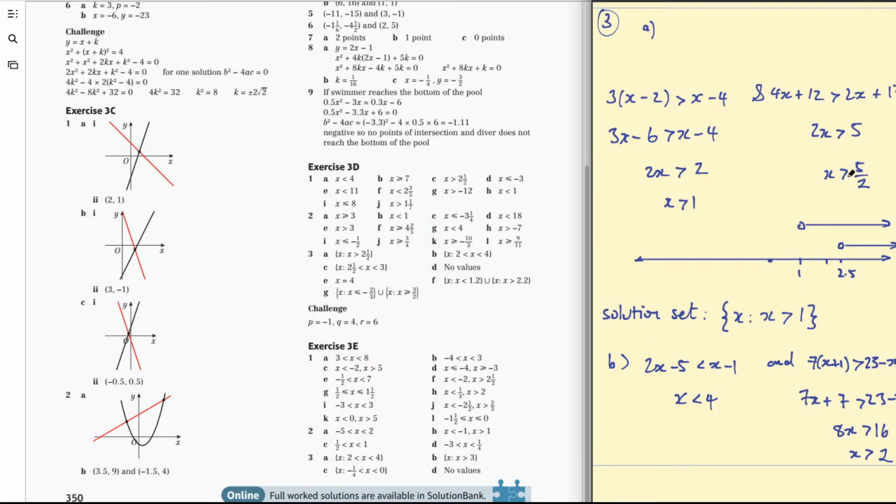I've clearly made an error here. This is why you always check the work you've done. If x is greater than 2.5, it can't also be greater than 1. So we have to take the greater value there.